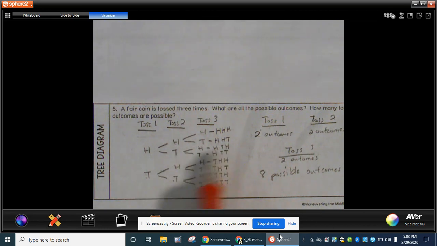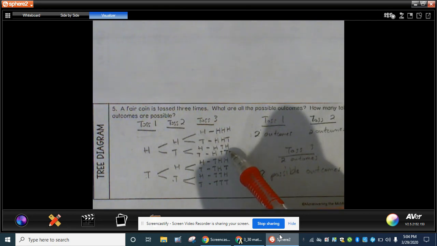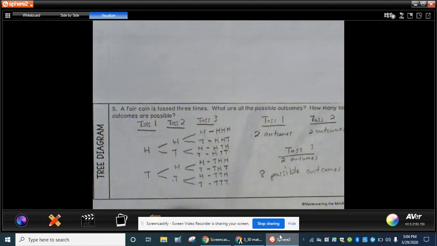My fourth could go from heads to tails to tails, so heads, tails, tails. These represent each of the 3 tosses. So I have 4 possible outcomes so far, all of which are different, especially in the order that they have been flipped.